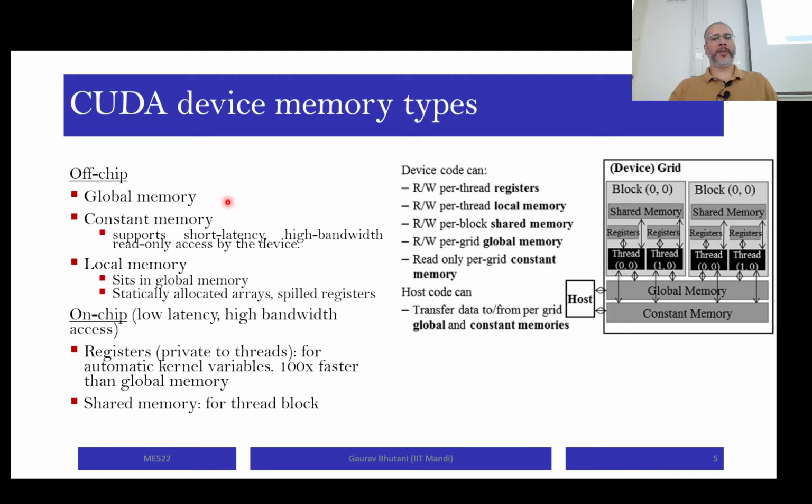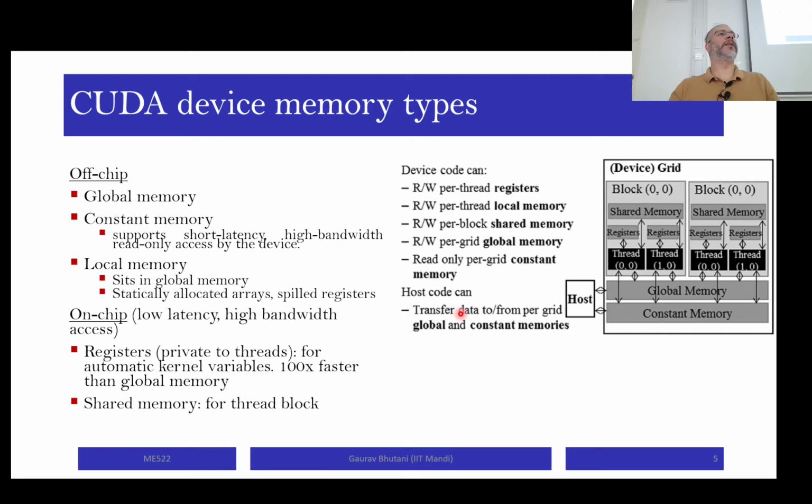That is what we have mentioned here: the device code can read and write global memory. You saw in the program we read from the global memory, and when we had the answer available we wrote it to the global memory as well, and this was happening from the device. So your GPU cores can read and write the global memory, and the host can also read and write it.